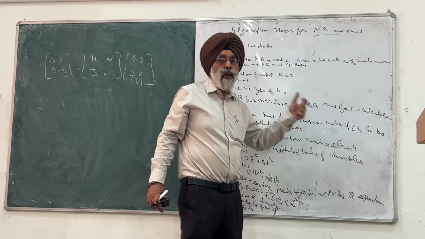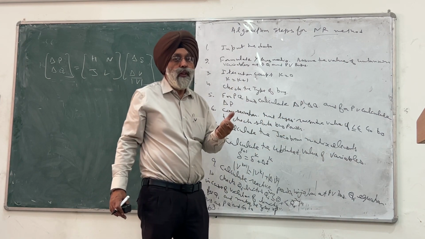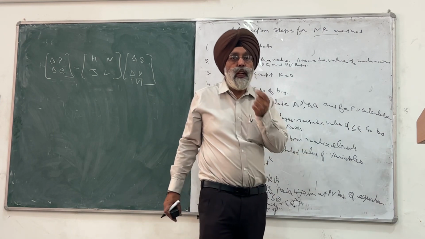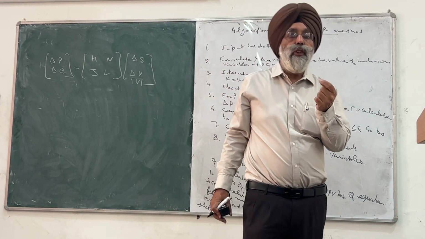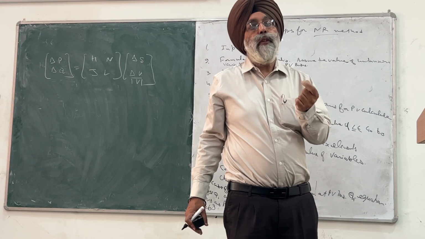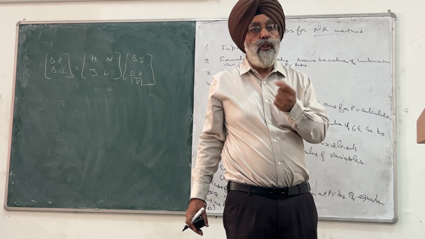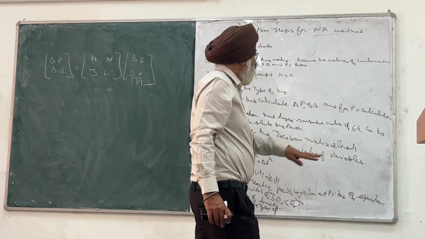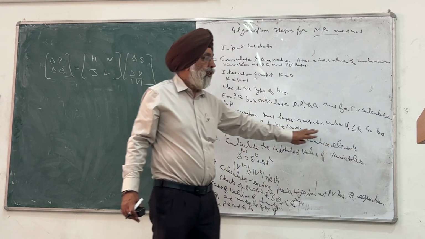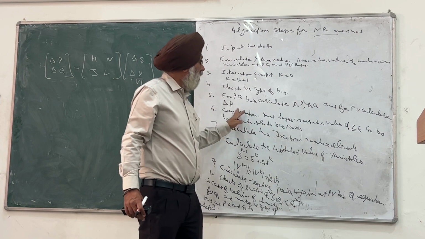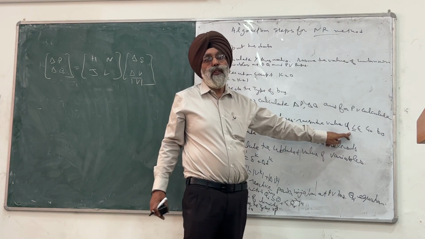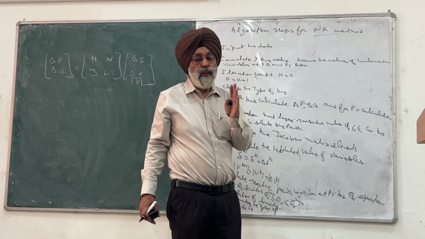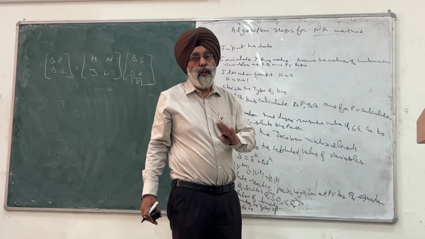Means the maximum value at any bus is less than or equal to epsilon. Epsilon is a value according to our accuracy we have assumed. So it can be 0.5, 0.05, 0.001 according to how much accuracy we require. So accordingly we have assumed this epsilon, and if this delta P and delta Q are less than this, then we can say we have obtained the accurate values of your V and delta for all the buses.